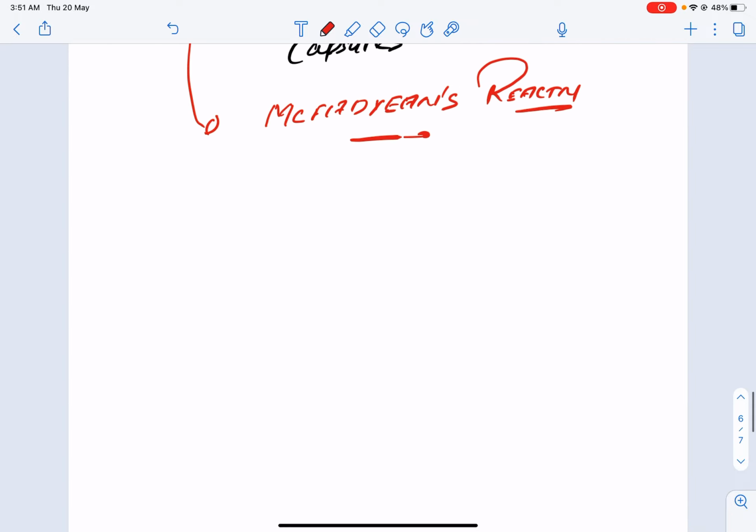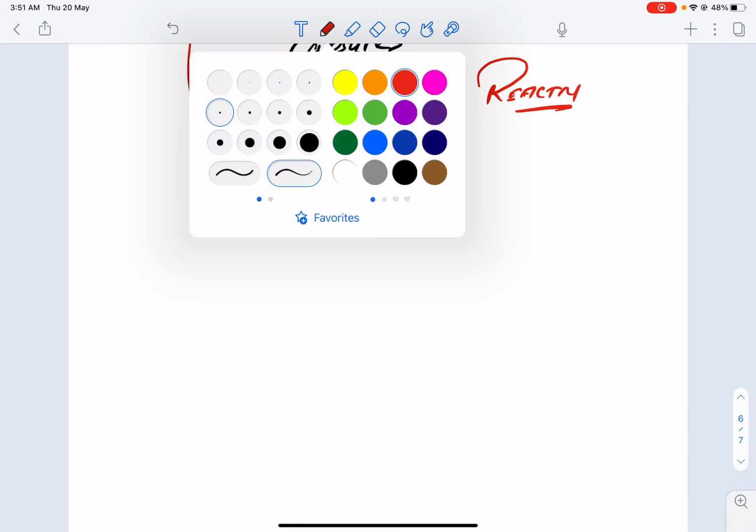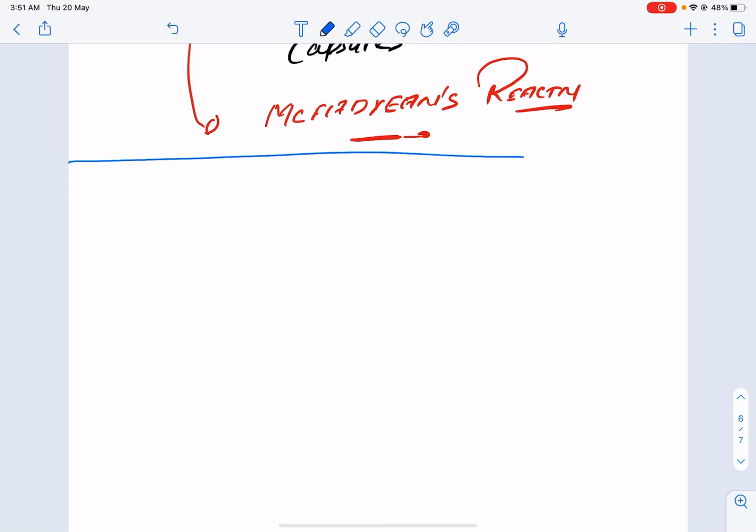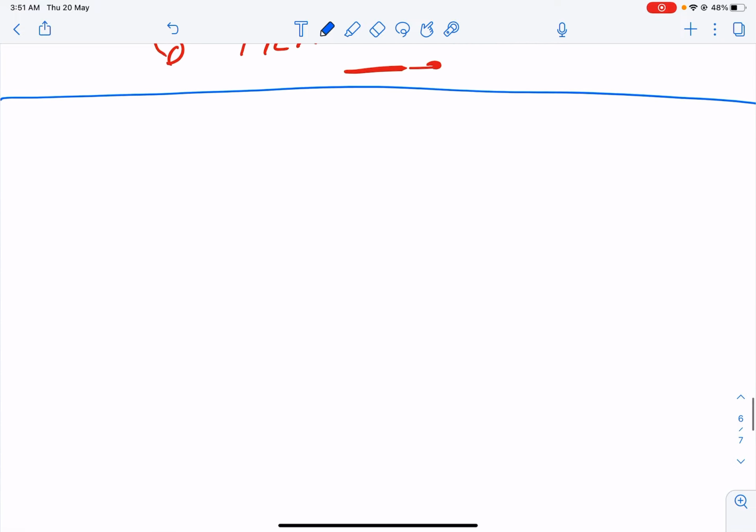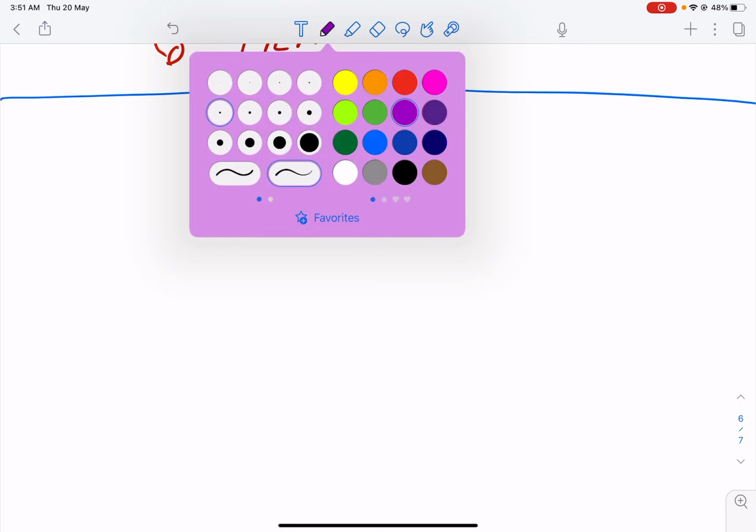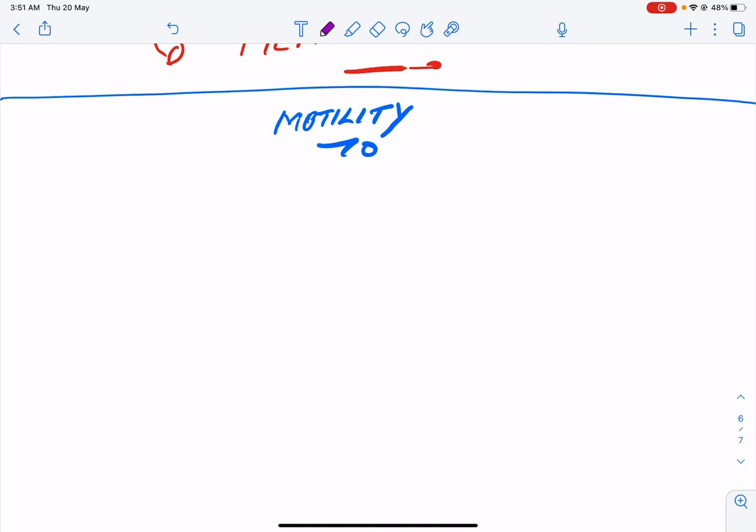Then, next one, let's talk about motility. Many bacteria are motile. Talking about motility, who will provide motility for bacteria? It is provided by what? Flagella. So you might have heard there is a movement called tumbling movement.